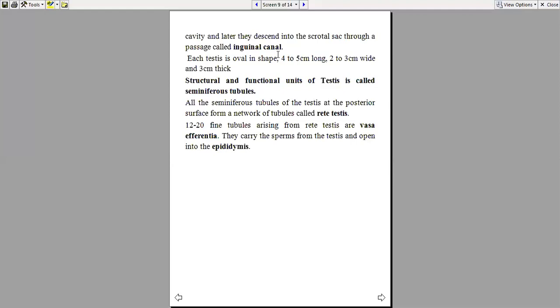At the posterior side, that is the lower side of the testis, all these seminiferous tubules form a bundle, or you can say a network of seminiferous tubules, which is called rete testis.